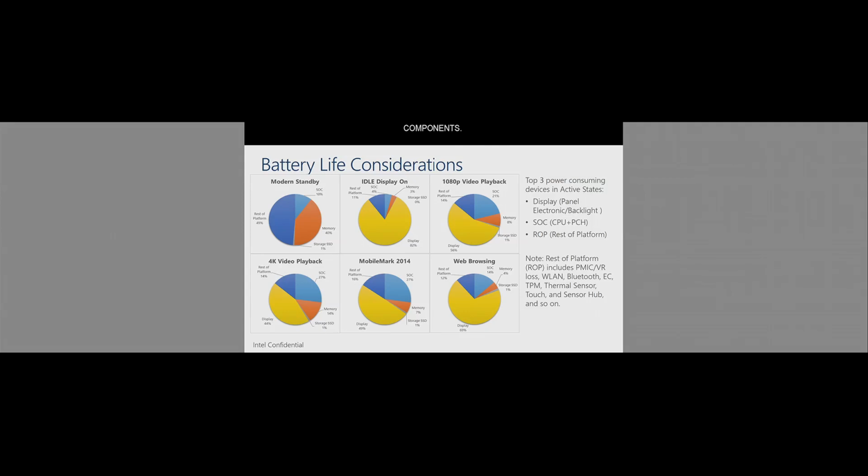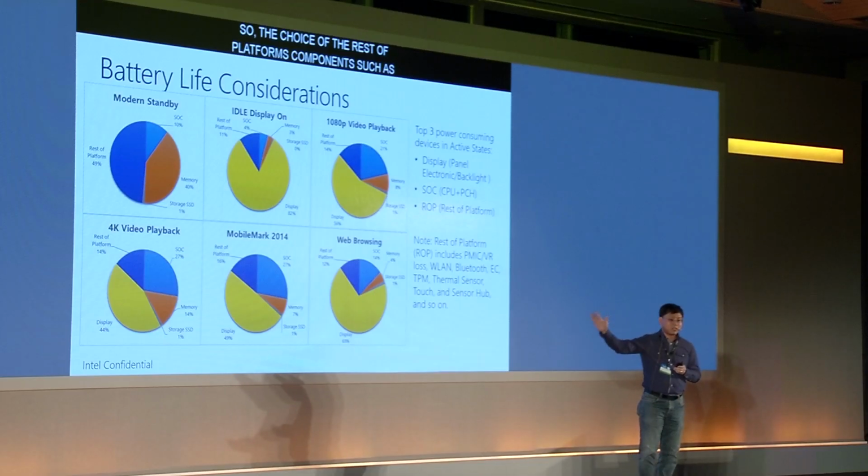In modern standby mode, which is here, you can see that the SoC, once it is fully optimized to its lowest power state, only consumes about 10% of the battery. So the choice of the rest of the platform's components, such as memory and the VR, are critical to the power consumption. Those must be optimized.